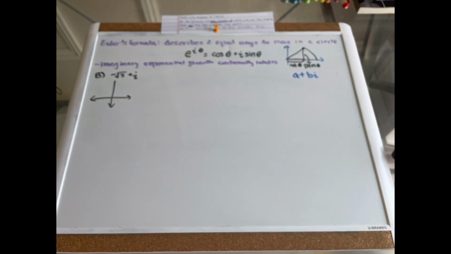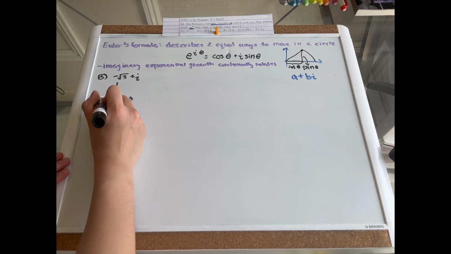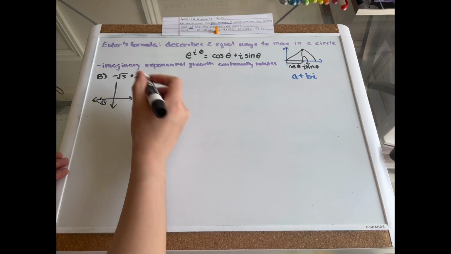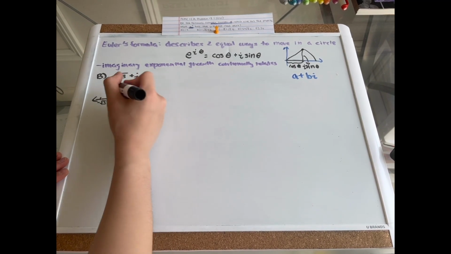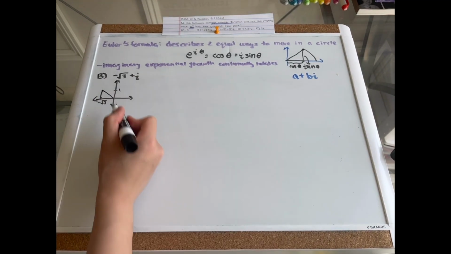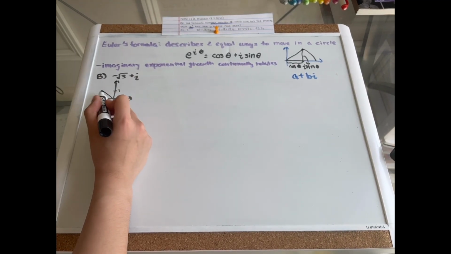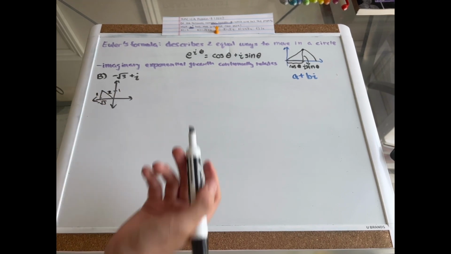Right here in this diagram, we go left negative square root of 3, and then you go up 1, since i is basically 1 times i. So it will look like this. Now, in this right triangle, this side is going to be 1, and if this is 1 and this is the square root of 3, then we know that the radius is going to be 2.